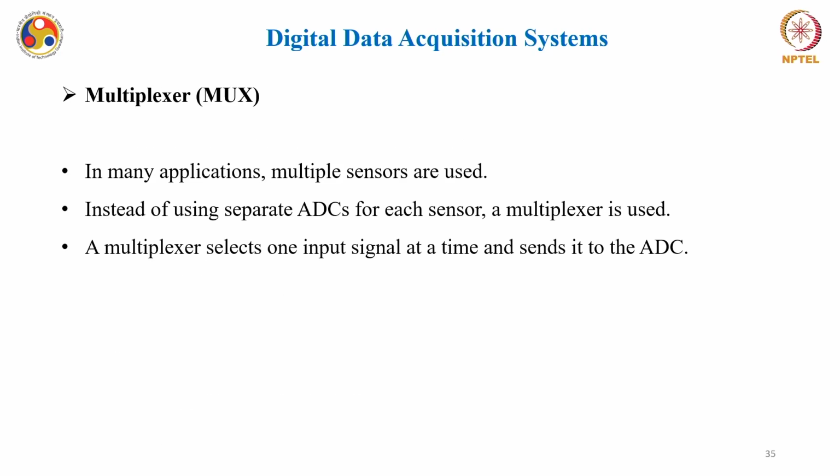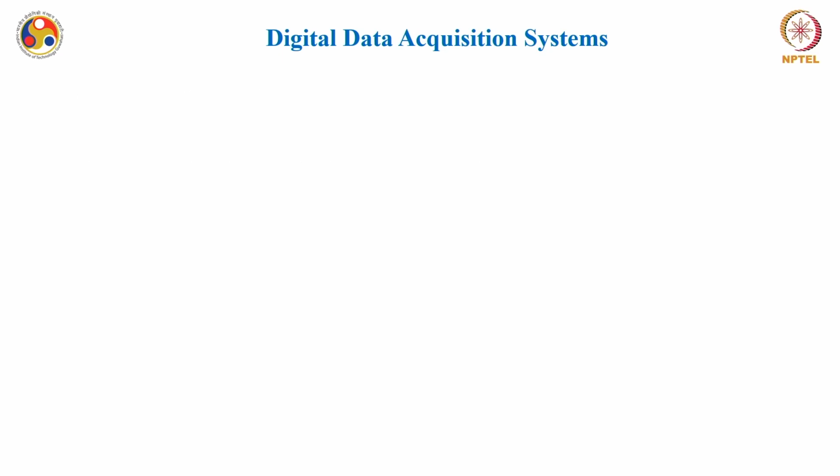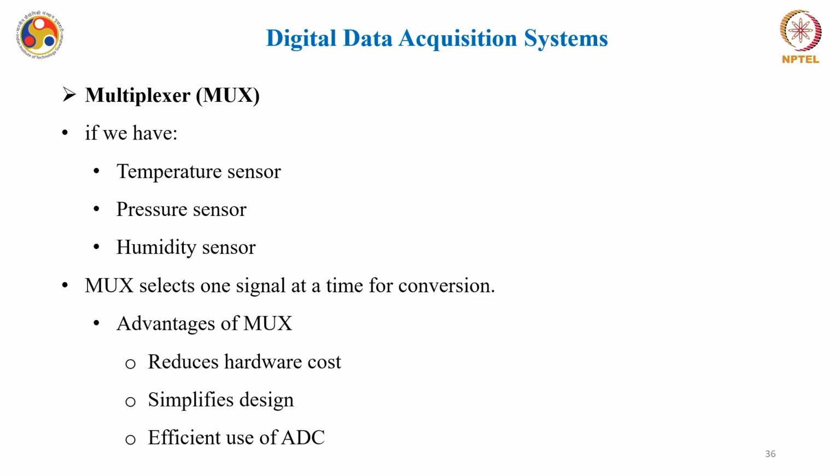Then you have a mux circuit. We have seen in the analog data acquisition system also that when you have multiple inputs, this mux helps you in selecting one of the inputs and feeding it to the further circuit. So, if you have three sensors, say temperature, pressure, and humidity, the mux will select one of them and feed it into the next component.